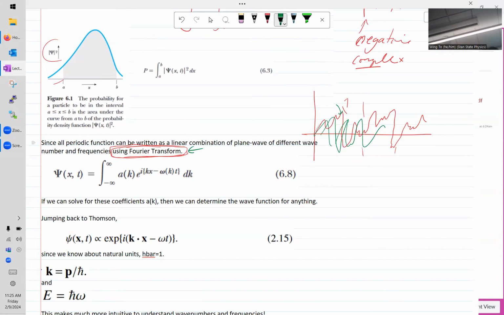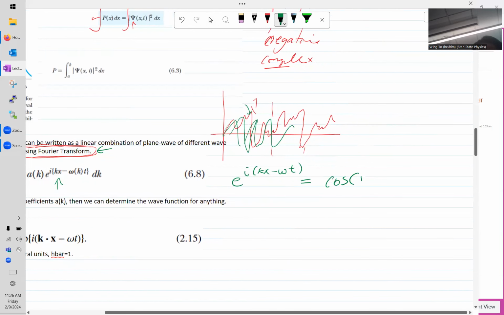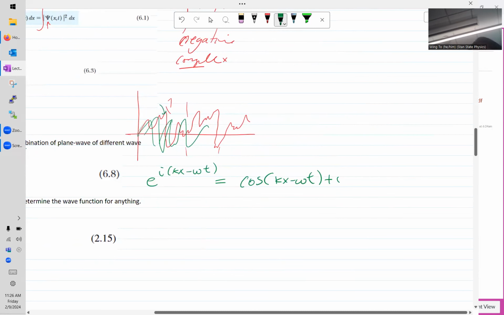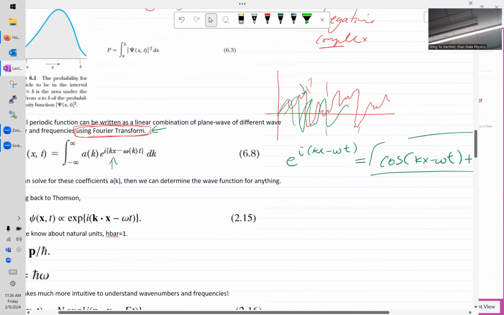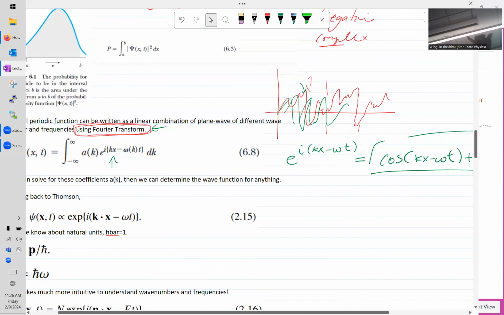Mathematically, you have e to the i(kx minus omega t), from Euler's equation, which equals cosine of (kx minus omega t) plus i times sine of (kx minus omega t). So this is just a sum of sines and cosine functions. Whenever you see e to the i something, it's just a combination of sines and cosines.